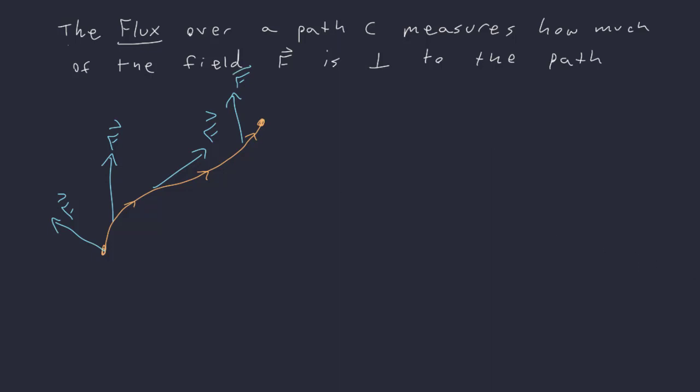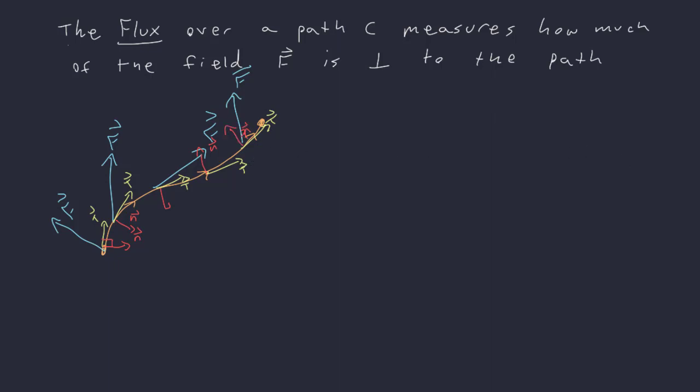And for the circulation, we compared it to T. T gives us the direction of travel. What we're going to do for the flux is, instead of comparing it to T, compare it to what we'll call N, which is the unit normal vector. So we want a vector that is normal to T.